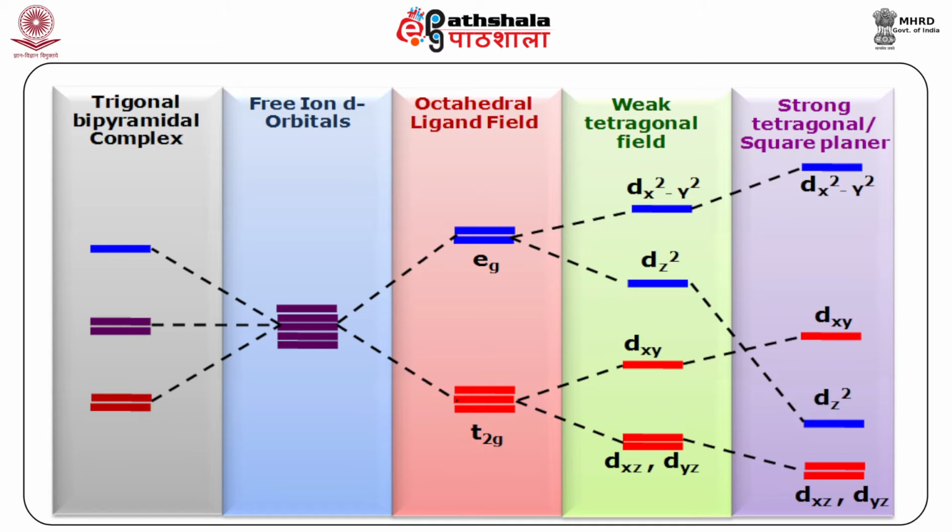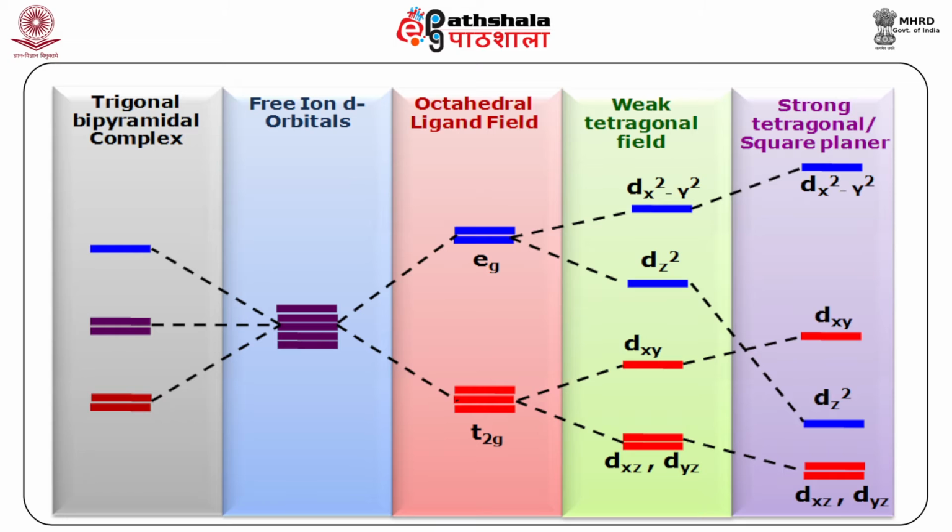For fields of octahedral symmetry, two such levels, a higher energy Eg set and a lower energy T2g set, are produced. For weak ligand fields, the spin multiplicity will be the maximum obtainable for any given number of d electrons in accordance with Hund's rule.